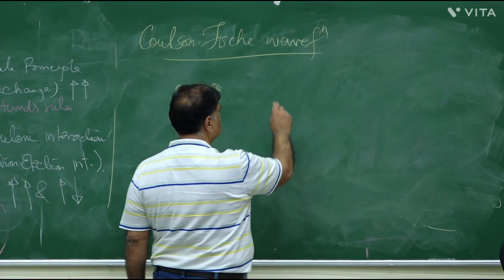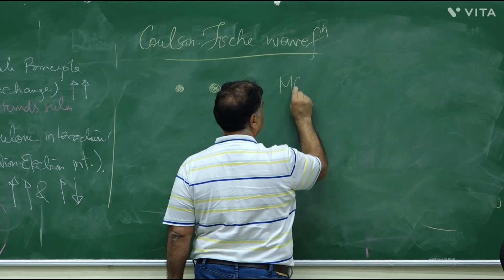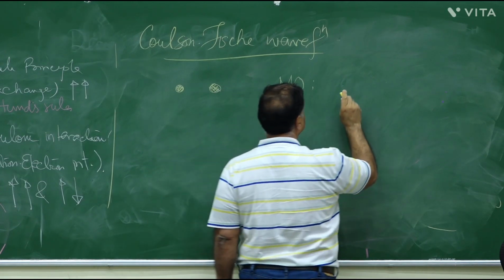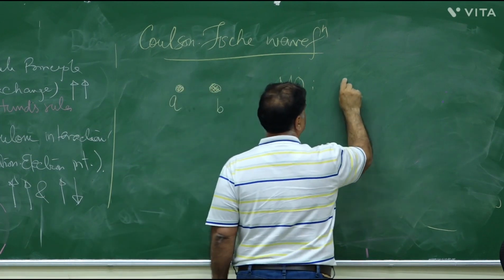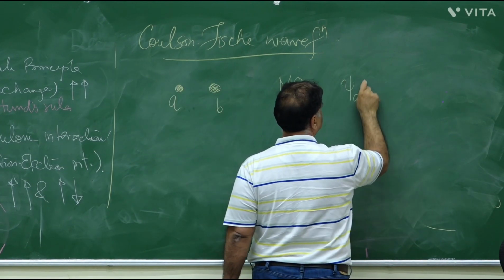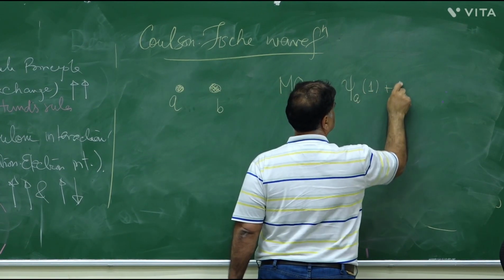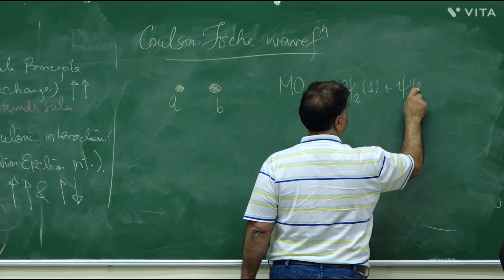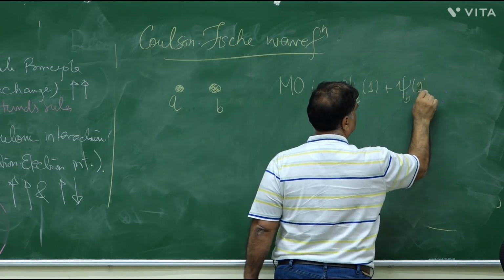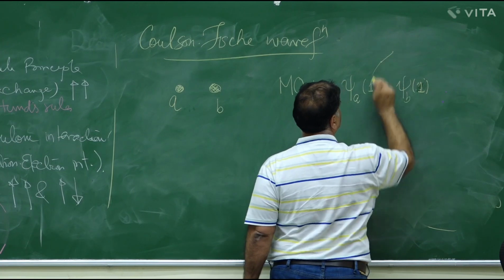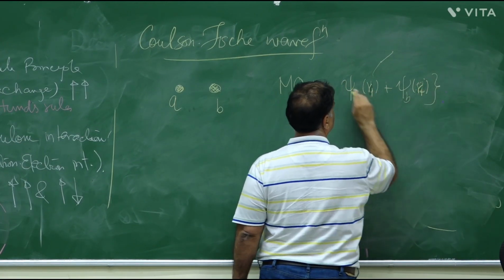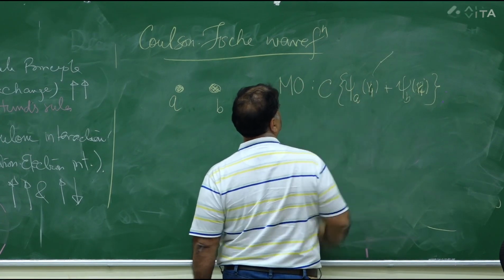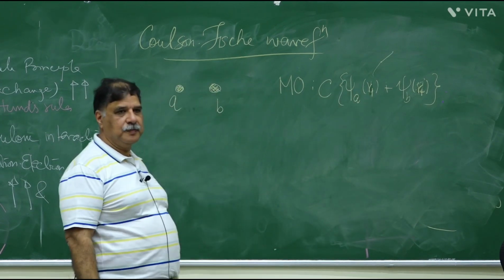I make two kinds of wave functions. One is known as the molecular orbital, so this is center A, this is center B. I can write psi A of 1 plus psi B of 1, where 1 is the particle, this is the alpha side, and some normalization coefficient.